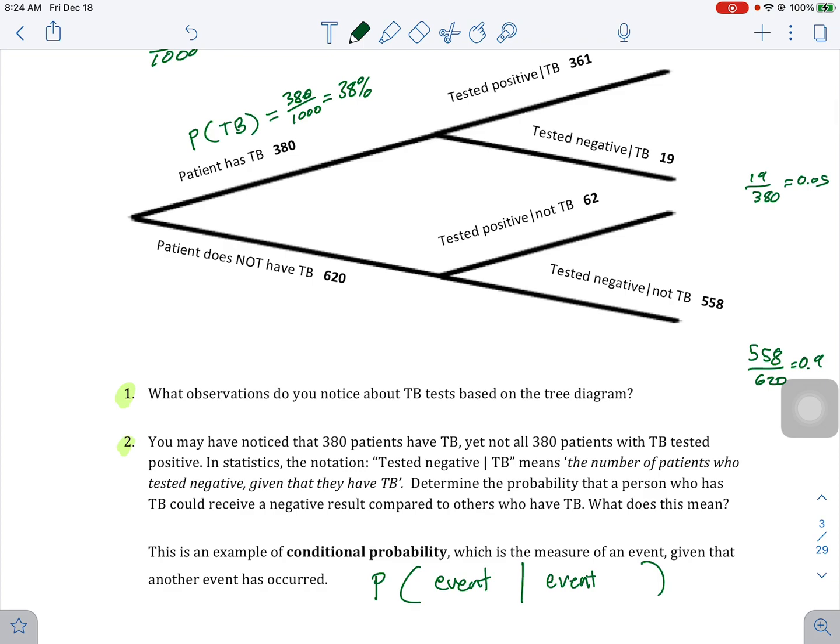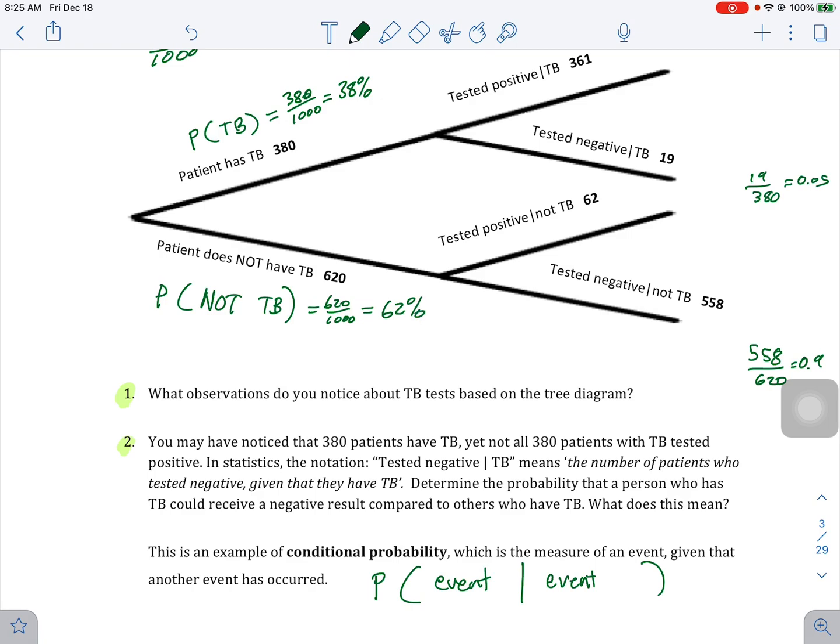And then you could write the probability of not having TB. There's some different ways you can write that, but that's what I'm going to say for now, is 620 out of 1,000, which is equal to 62%.